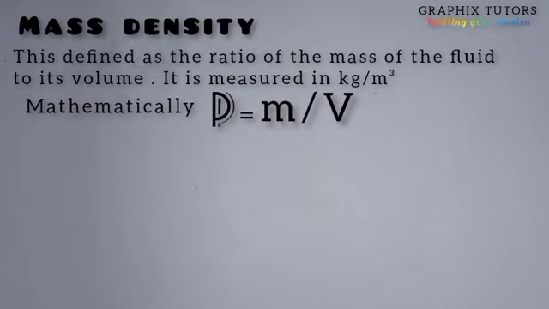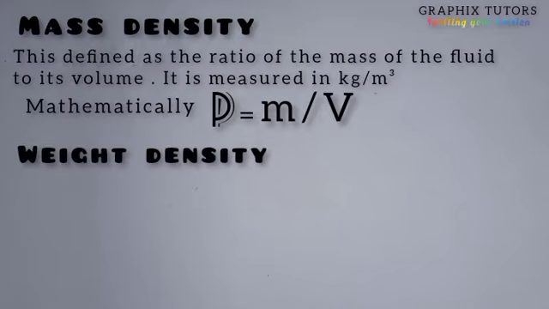Now the second one is the weight density or the specific weight. You can use the symbol gamma to represent it, or you can use the small letter w in the form of omega to represent the specific weight, and it is defined as the ratio of the weight of the fluid to its volume.